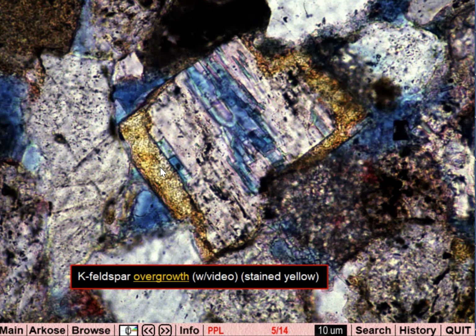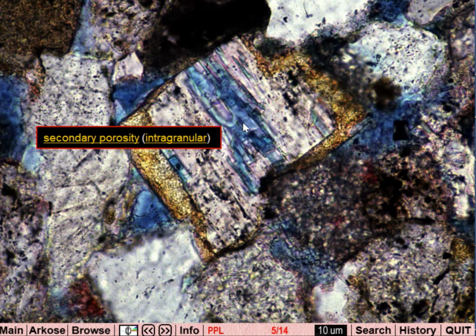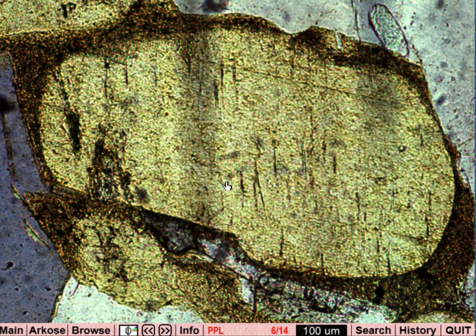And then we have the K-spar overgrowth. And somehow this grain dissolved even after the K-spar overgrowth to give us the intragranular secondary porosity. VRF, that's our volcanic rock fragment, saying this is an immature sandstone.